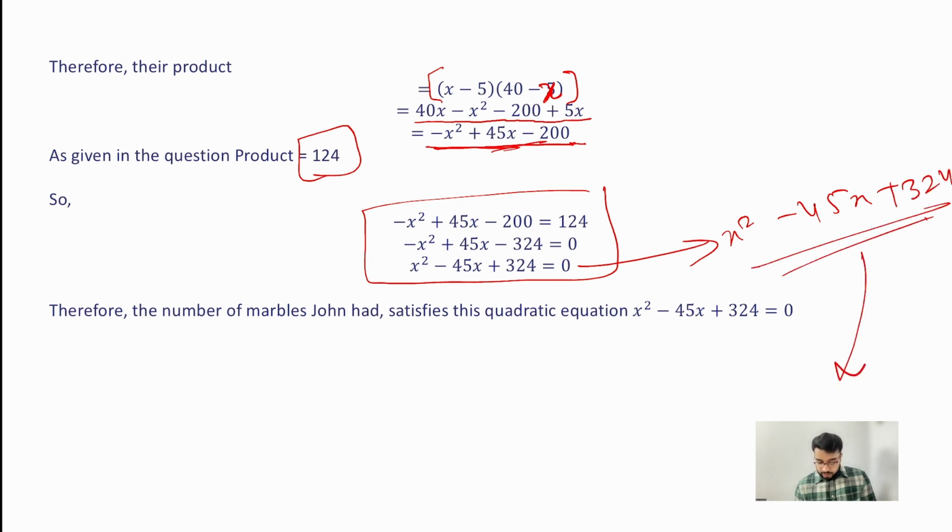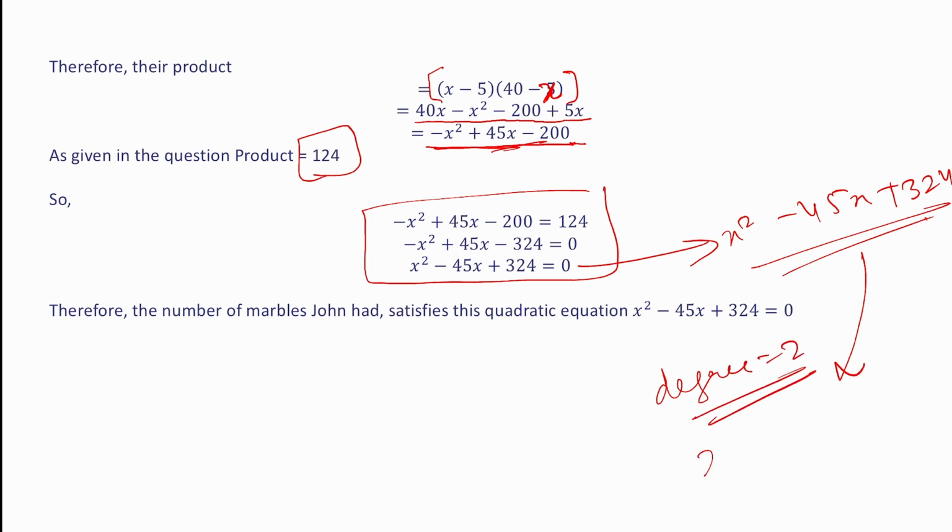Now remember that we learned in polynomials that a degree 2 equation has at most 2 roots. It can have 0 roots, 1 root, or 2 roots.